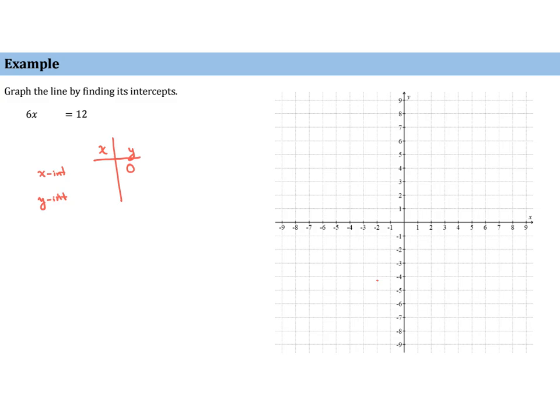We would have 6x equals 12. Now if 6x equals 12, then what does that mean x is? x would have to be 2.